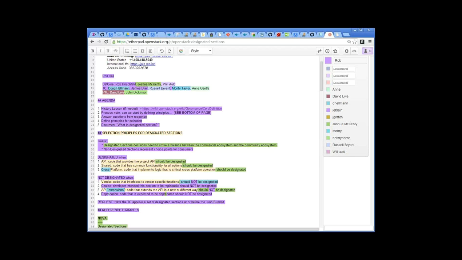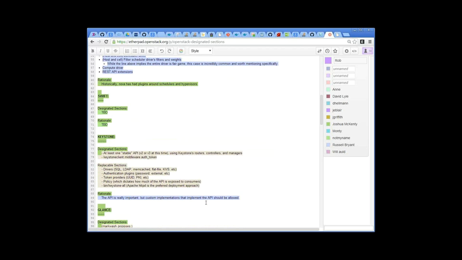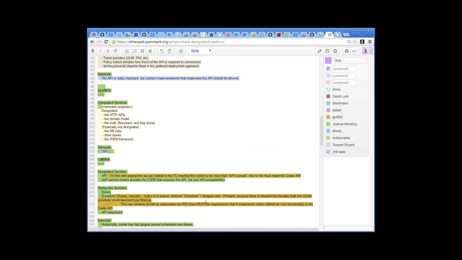The only other piece I wanted to bring up, because I'm a little confused about it, and maybe Rob, you can help me with this. I'm looking specifically at the Glance designated sections proposed by Mark Wash, and the Swift file system and HTTP stores as designated. I agree that improvements to that code should be in the common code base, so I'm not suggesting they should be not designated, but I think what we need to emphasize is designated sections only apply when they are enabling capabilities that are must-have.